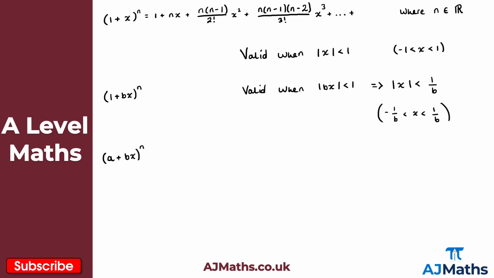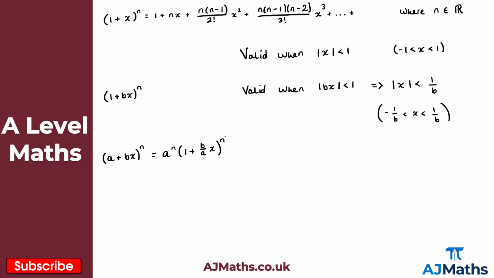Whereas if we have something like (a + bx)^n, where this number is anything but 1, then we can't use this result straight away. So what I need to do in this case is factor out a to the power of n, so this would be a^n times (1 + (b over a)x), all to the power of n.